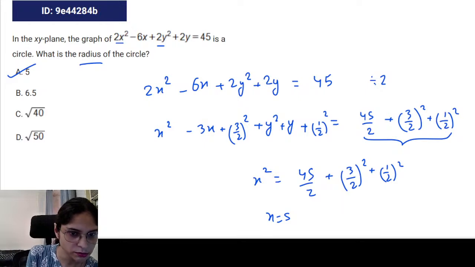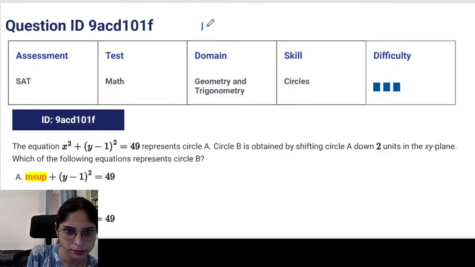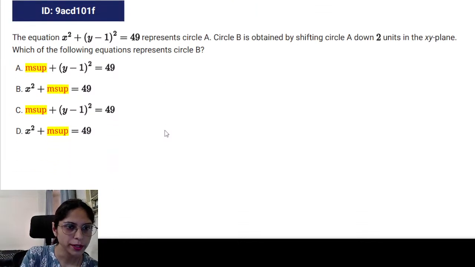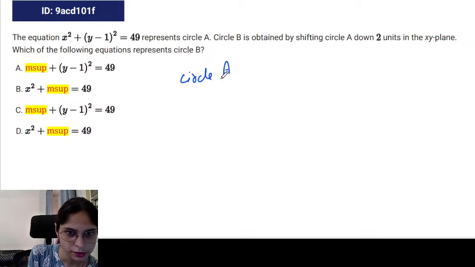Next one is question number 18. The equation x square plus (y minus 1) whole square equals 49 represents circle A. So for circle A's center, there's just x square, so the x coordinate of the center is 0.